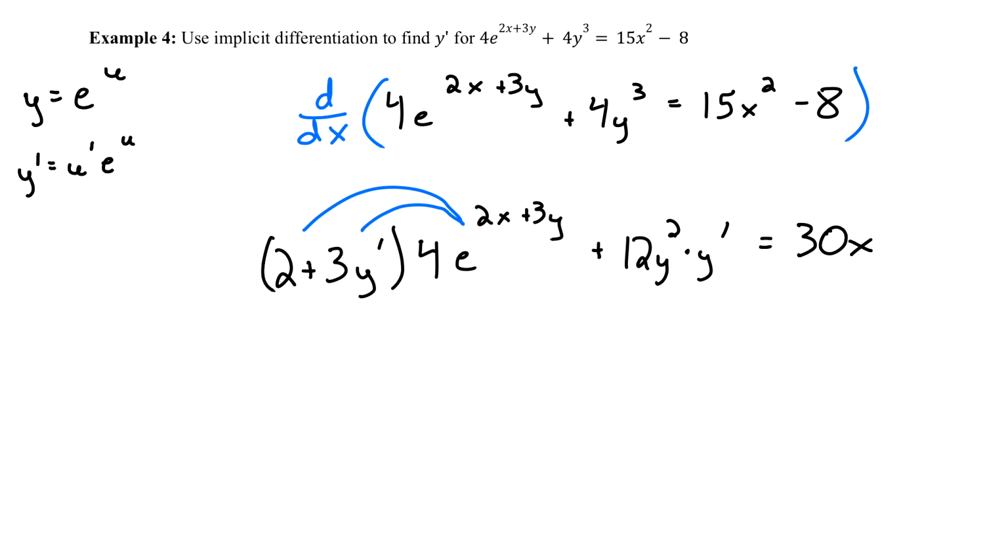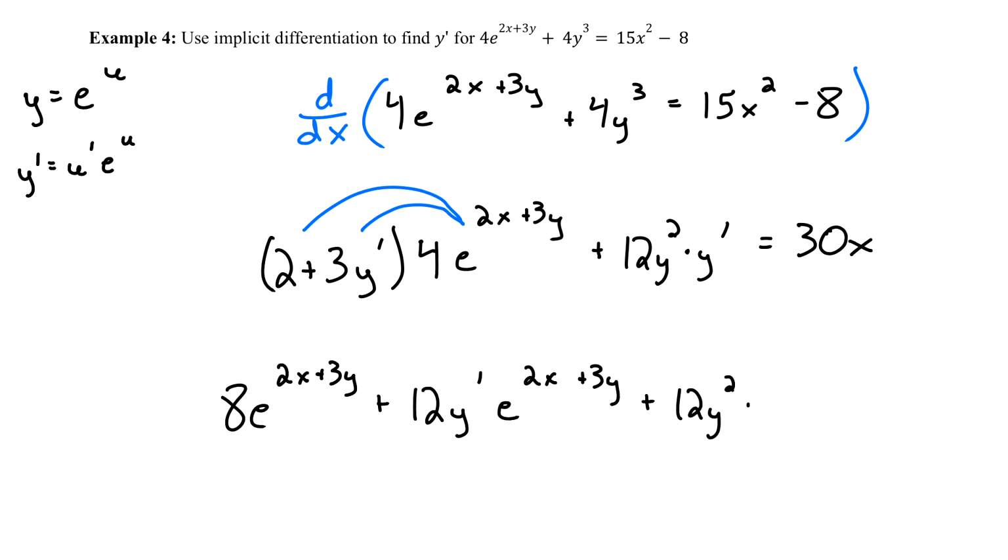So 4 times 2, I should have 8e to the 2x plus 3y power, plus 3 times 4, I should have 12y prime e to the 2x plus 3y power. All I did was distribute that 4e to the 2x plus 3y. Everything else is going to stay exactly the same. So 12y squared y prime is equal to 30x.